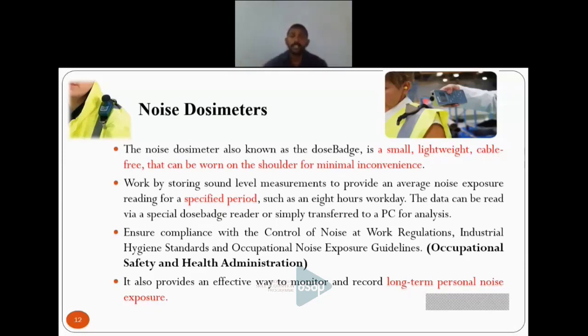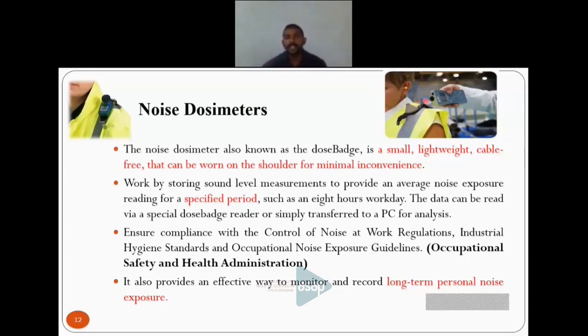If a person is working in an environment where the reading shows 90 decibels, he should not work for 8 hours. That means the working time has to be reduced.